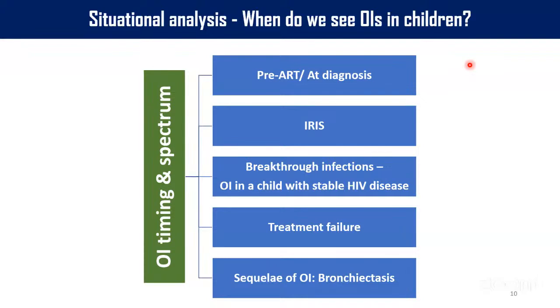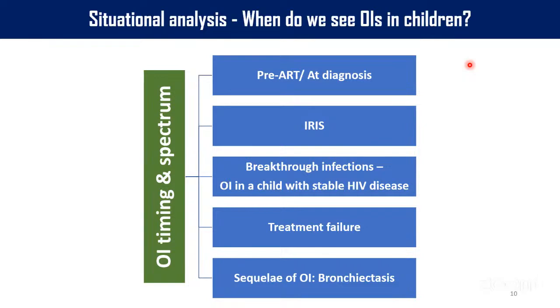Are we seeing this child with these symptoms when this child is having a stable HIV disease? CD4 is good, viral load is completely suppressed, nutrition is well maintained and recovered, and the child is on therapy for more than 6 months. So these are breakthrough infections. Similarly, are we seeing this child when the ART is failing? Then your spectrum will differ.